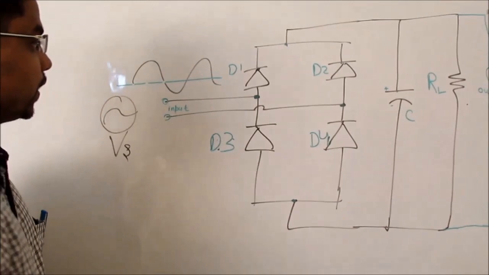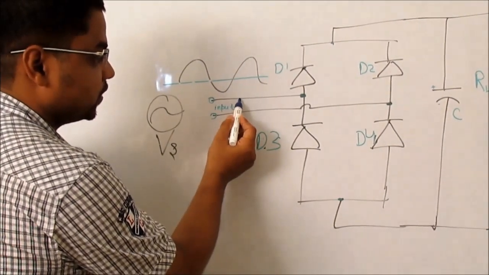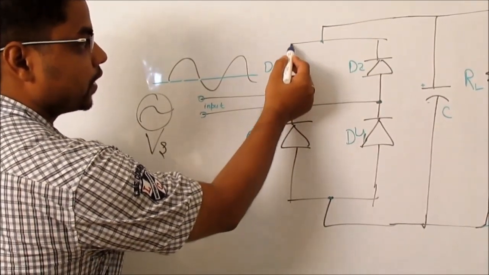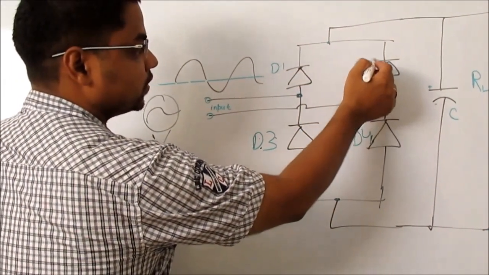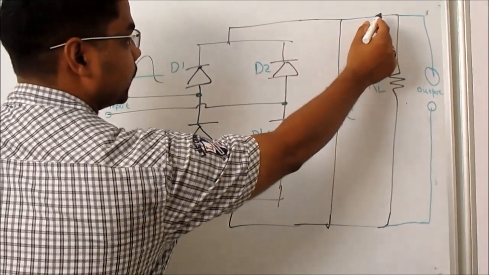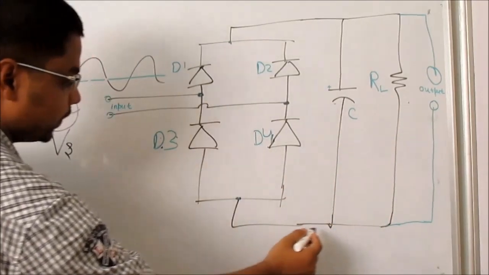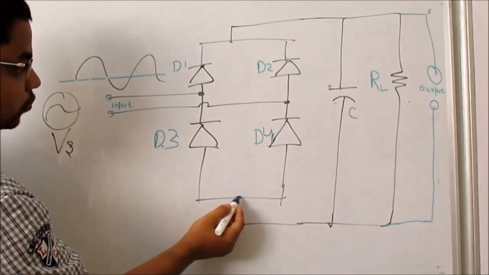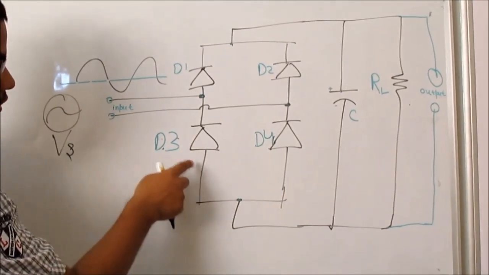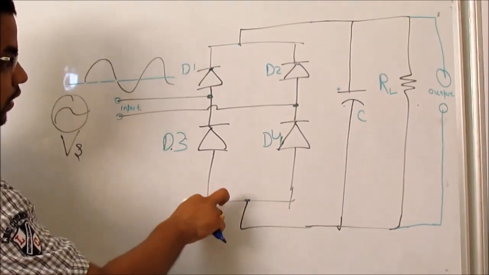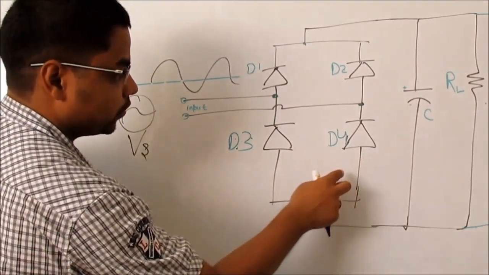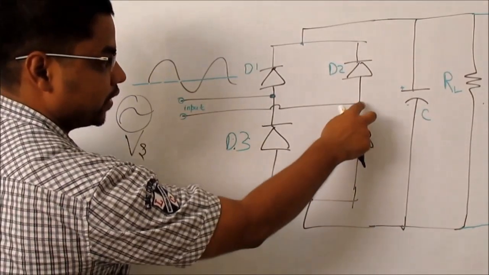Now, as this potential is higher during the positive half cycle, D1 will conduct and D2 is reverse biased, so it won't conduct. Current will flow from here through RL, then come back here, then go to D4 and not D3, because D3 is at the lower potential and this one is at higher potential.